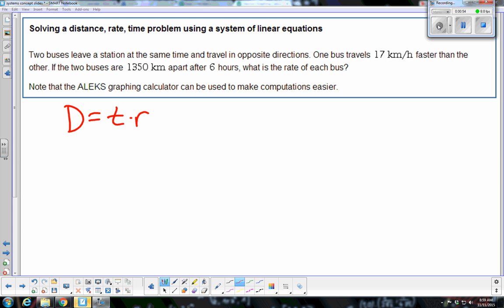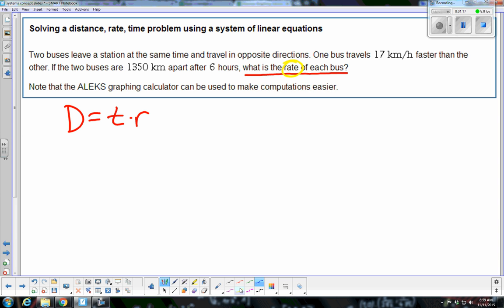So what we need to do is figure out which variable we're solving for. That always comes either in the boxes below where it says what your answer looks like, or usually in your last sentence. So if you look here where it says what is the rate of each bus, rate, that's the key word there. What is the rate? So R is going to be my variable I'm trying to solve for.